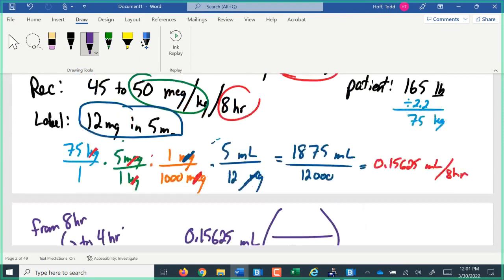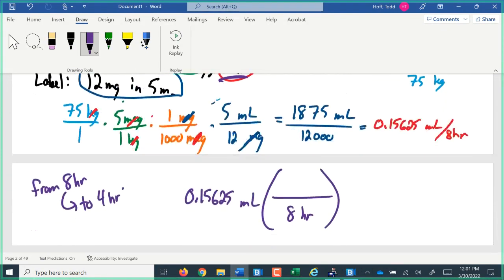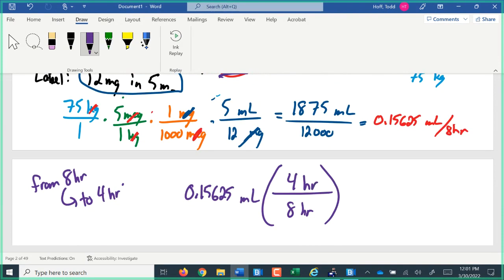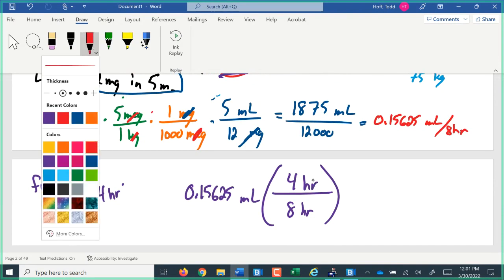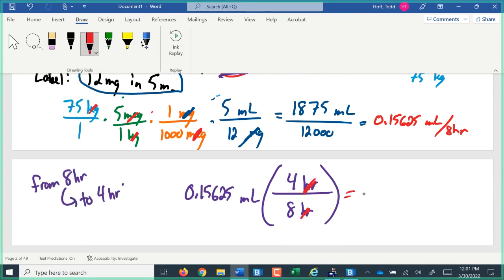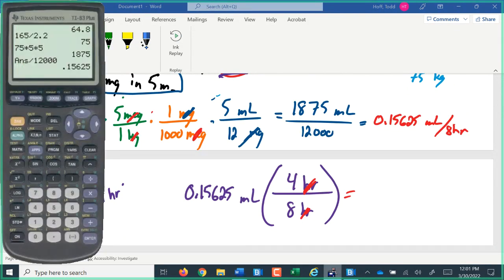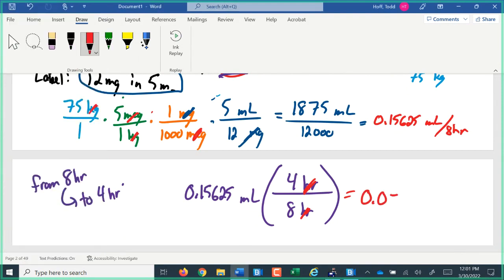The recommendation was for every 8 hours. 4 hours on top. That's what we want. The doctor's order wants it to be. So the hours were canceled. Now we just do the 0.15625 times 4 divided by 8. That gives us 0.078. We'll round that to. That is milliliters every 4 hours.